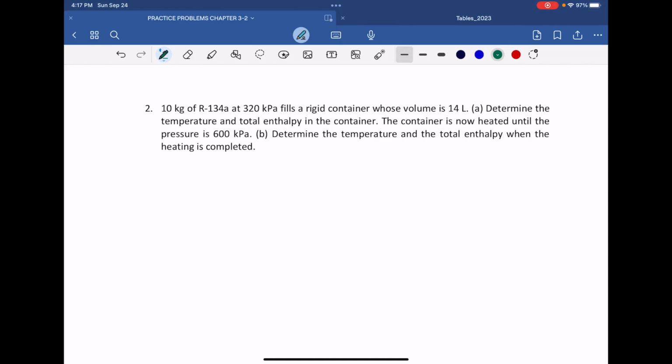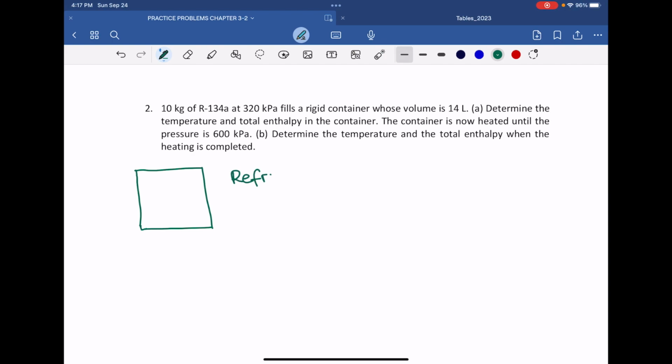All right, the question says 10 kilogram of refrigerant at 320 kilopascal fills a rigid container whose volume is 14 liter. So again, we sketch our system. It's a rigid tank, and it's a refrigerant.